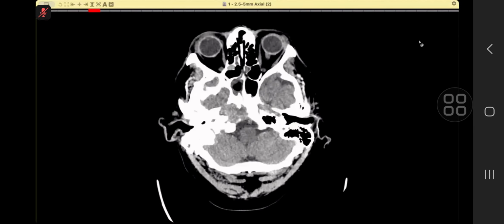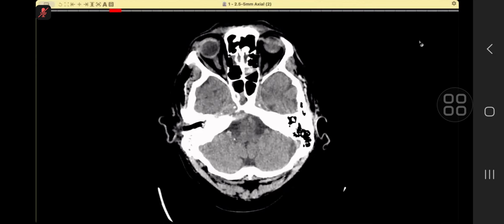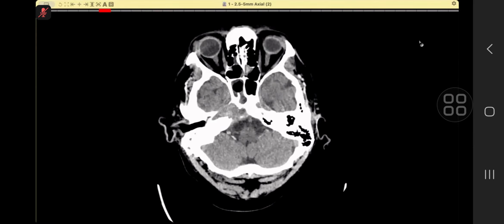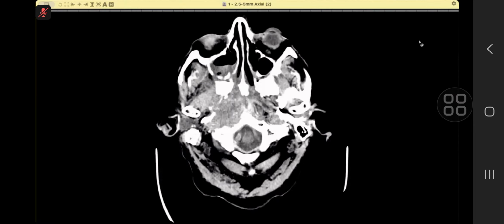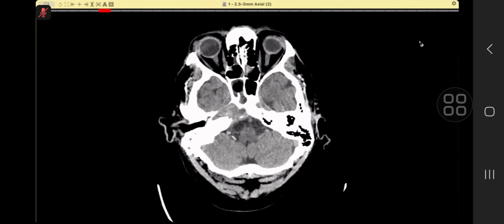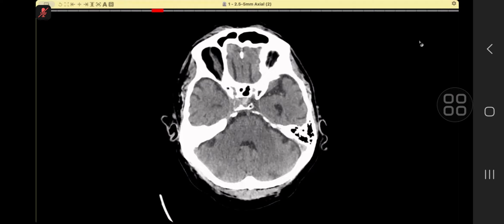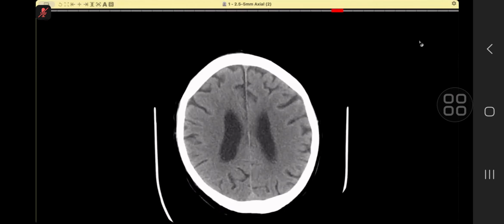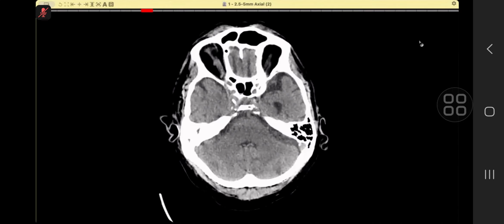Okay, this is a CT axial brain of a patient with history of stroke. I will take a moment to scroll through the images before I come to a conclusion of my findings.